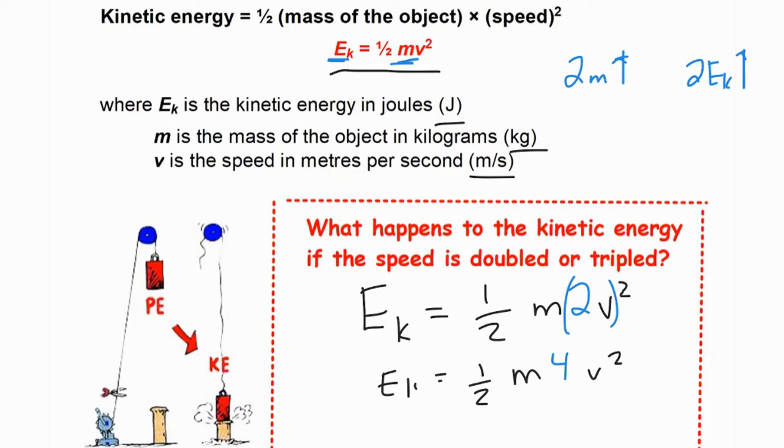Everything else is the same, 1/2 mv squared. If I were to just double the speed, my kinetic energy changes by 4. So I get 4 times my original 1/2 mv squared. So there's a squared relationship with velocity. Changing the velocity is far more impactful on the kinetic energy than changing the mass.